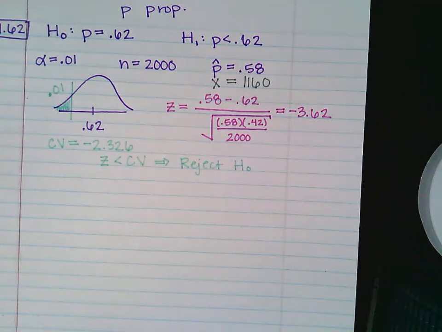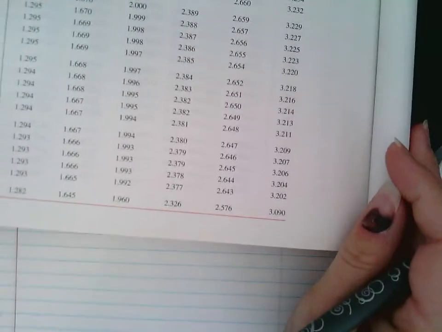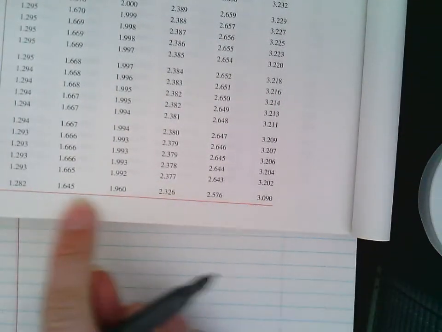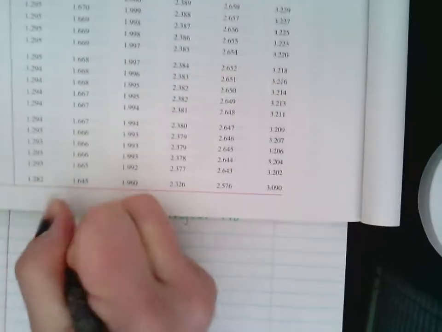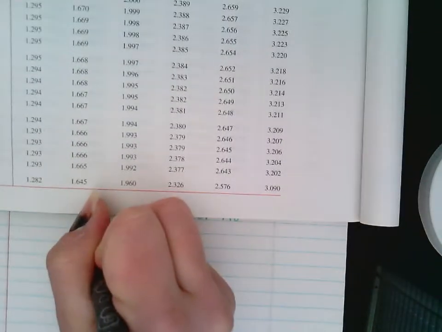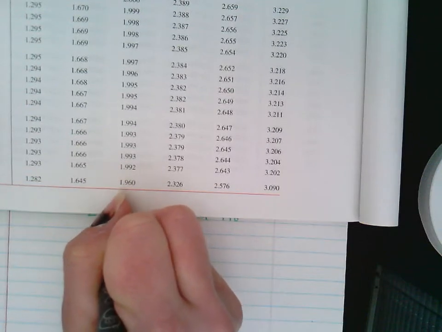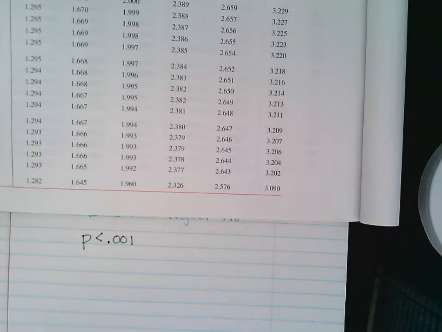The other way is using the p-value. Now, what makes this kind of tricky is you have to convert this to the right-hand side. And 3.6 isn't even on here. So all that I know as far as the p-value is concerned is that p must be less than 0.001.